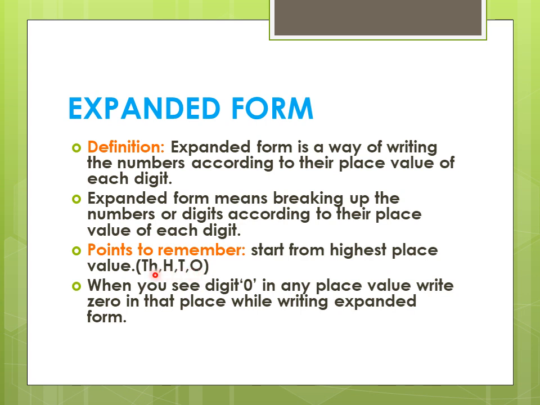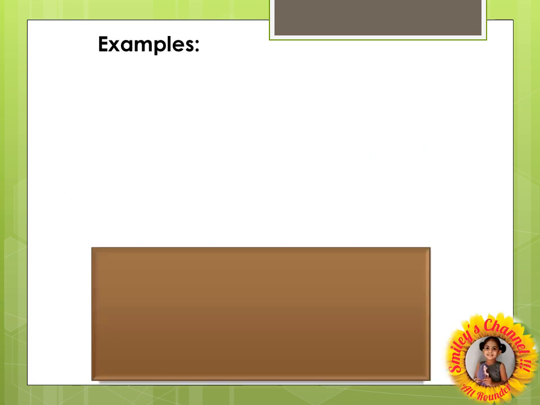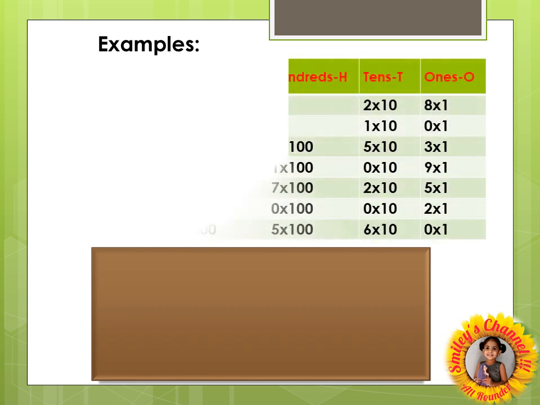If it is a 4-digit number, you need to start from the thousands place, and so on in the same way. And one more point you need to remember: in any number, if you see the digit 0, then in that particular digit's position, whether it is ones place or tens place, you need to write 0 in that particular digit's place value. I'll explain the same thing with examples.